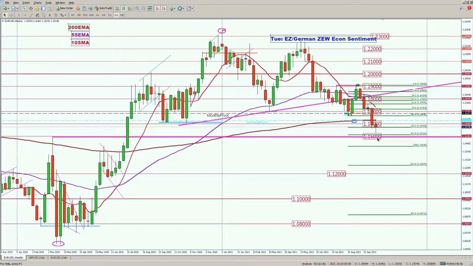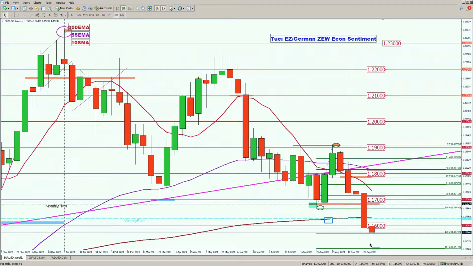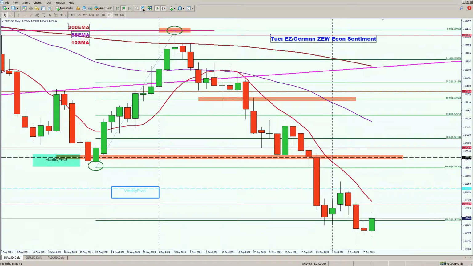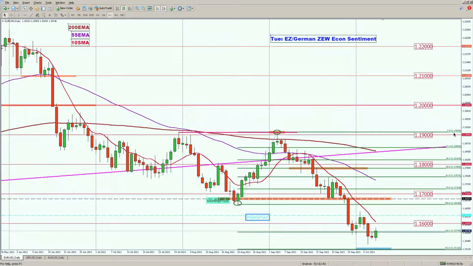weekly time frame. It's still below the weekly 200 EMA and closed as a spinning top for the week. So it's hanging on only just.